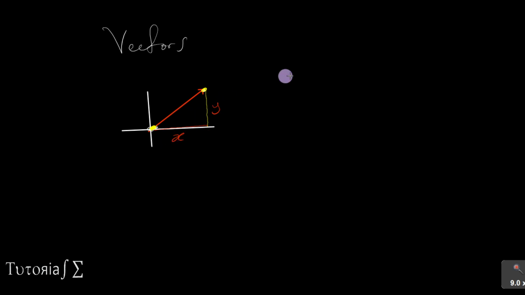So the resultant r, or the magnitude of the vector, is just given by the square root of x squared plus y squared: the x part squared plus the y part squared. That is how we find the resultant, or the magnitude, or how big the vector is.